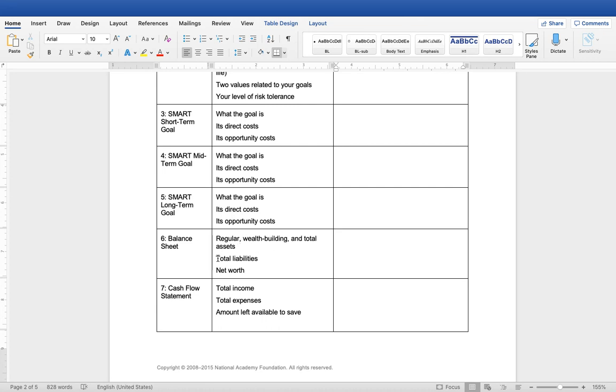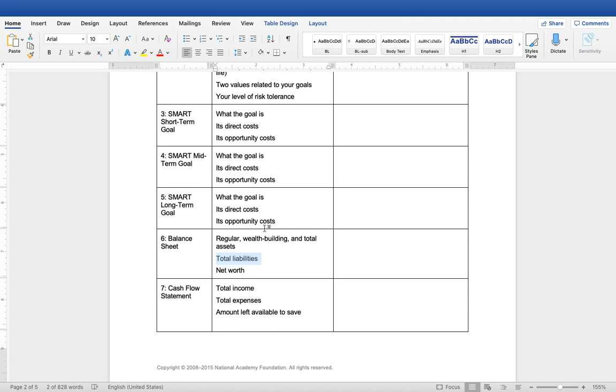Then, of course, your total liabilities. Remember, liability is debt. That's money that you owe to someone or to a company. So if you have a loan on your car, whatever amount you still need to pay off in your loan, that's your liability.